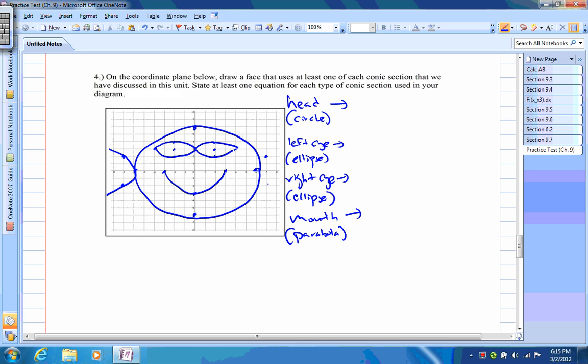And notice how I'm designating certain points to be on the hyperbola or the parabola. You can say those corners are kind of like the dimples of the smile.